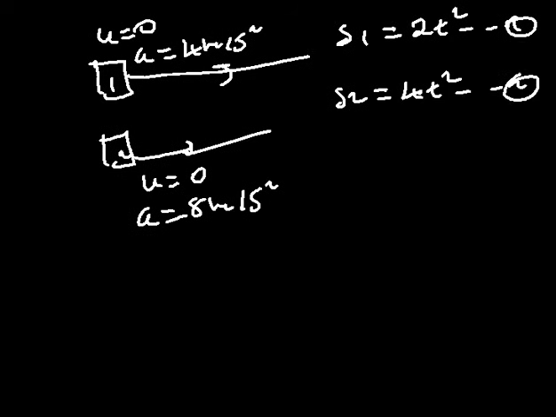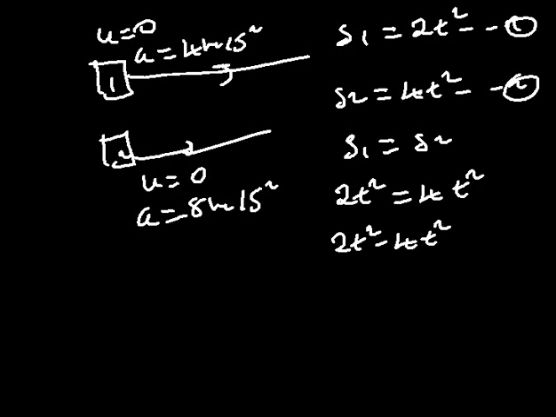That is equation 2. Since both objects started moving from the same position, up to where they overtake each other, they have to travel the same distance. Therefore, S1 is equal to S2, so 2t square is equal to 4t square, which gives 2t square minus 4t square is equal to 0.